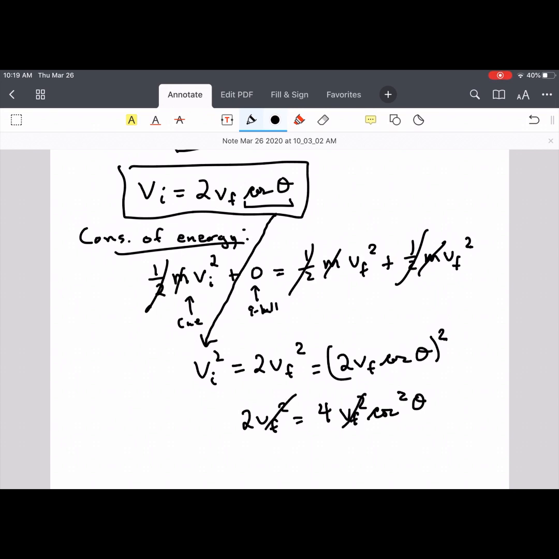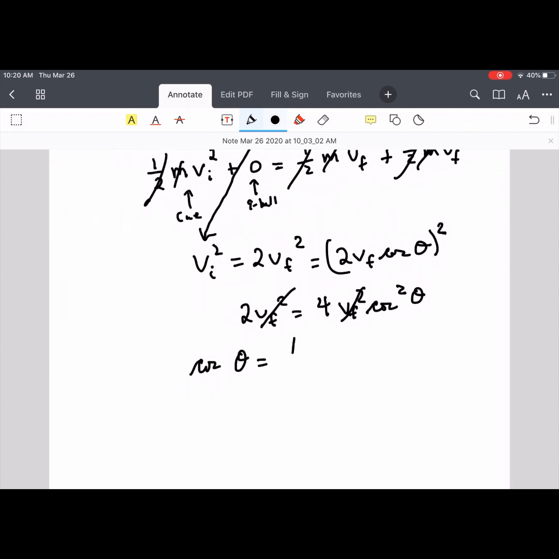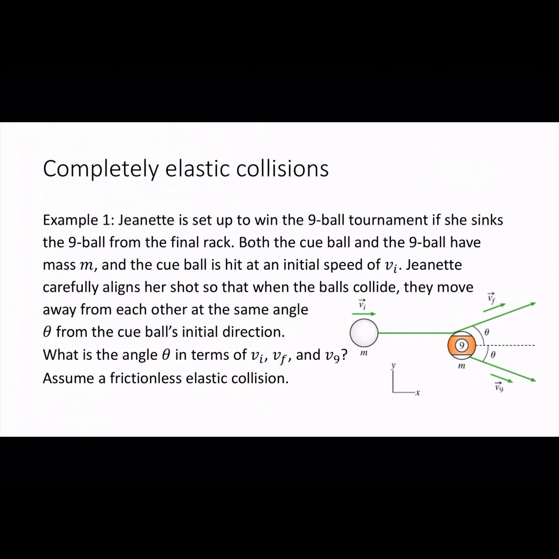I can cancel out the v_f squareds. I'll divide through on both sides by 4 and take a square root. So cosine of theta is equal to the square root of a half, or 1 over the square root of 2. And this is now something I can solve. So it turns out the angle in this case is the inverse cosine of 1 over root 2, which turns out to be 45 degrees. And notice this doesn't depend in any way, shape, or form on the velocities, on any other detailed property of the problem, but just using conservation of momentum and energy, we can figure out that theta is equal to 45 degrees.